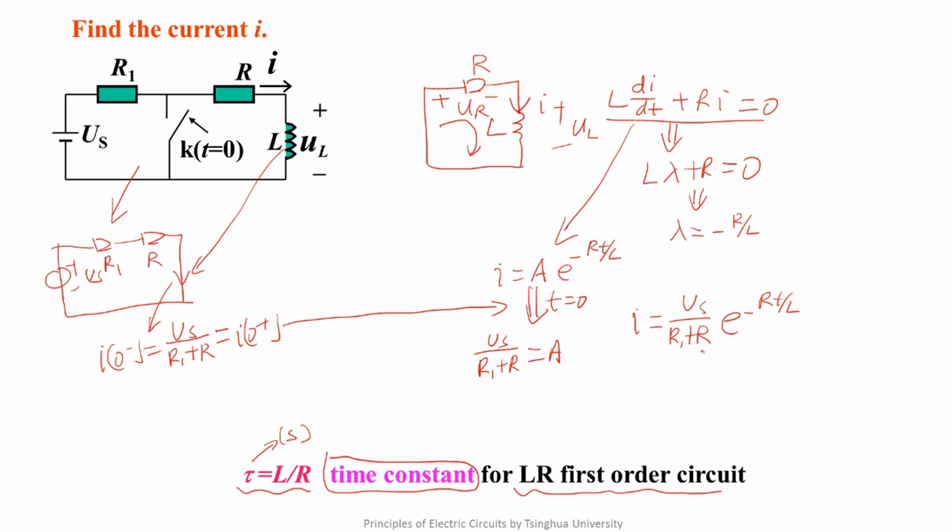So, i equals US over R1 plus R multiplied by e to the power minus Rt over L.